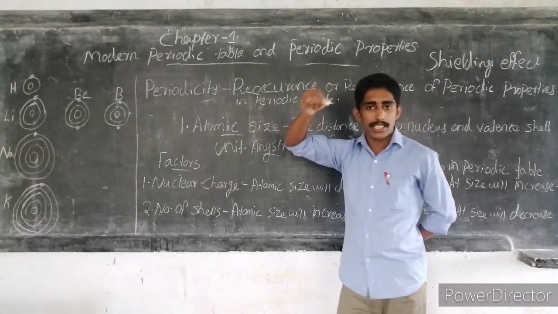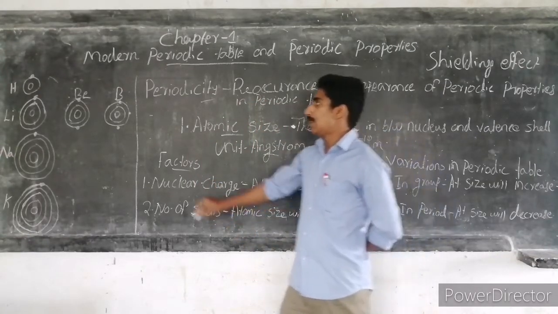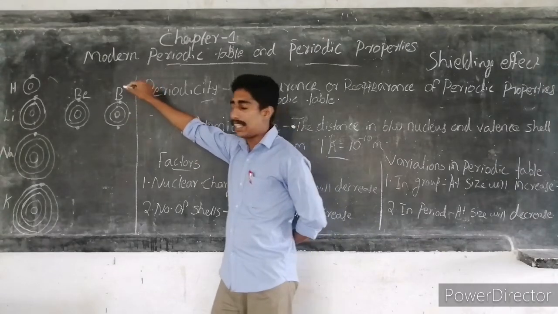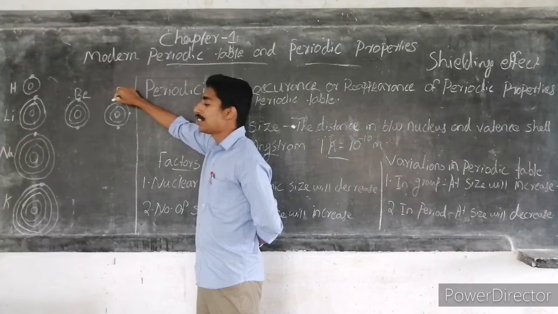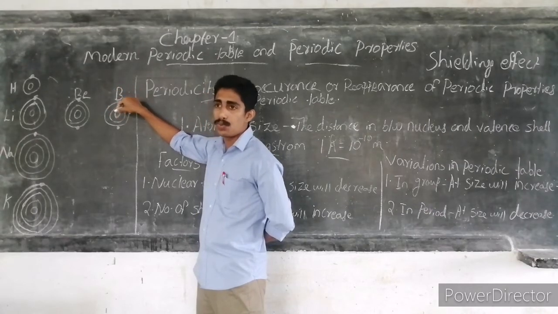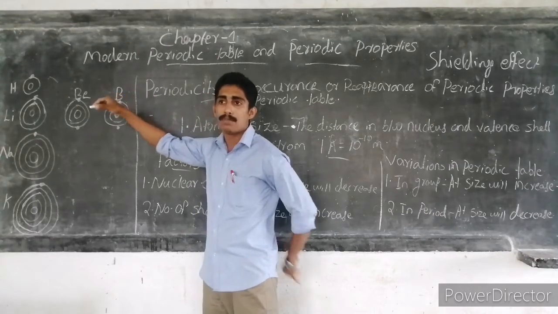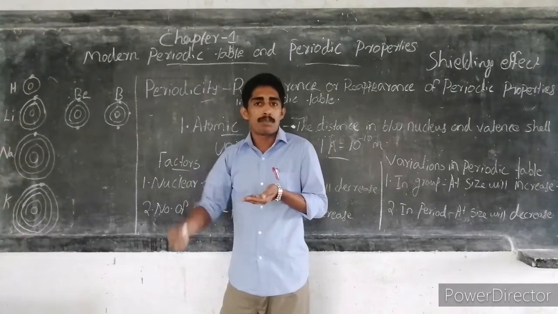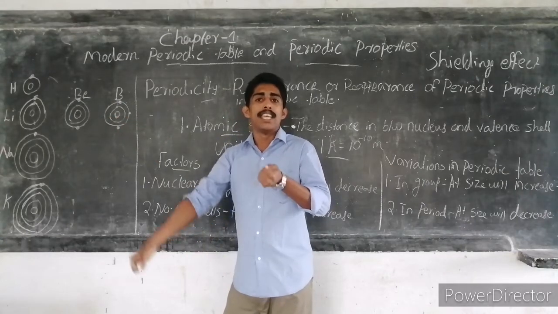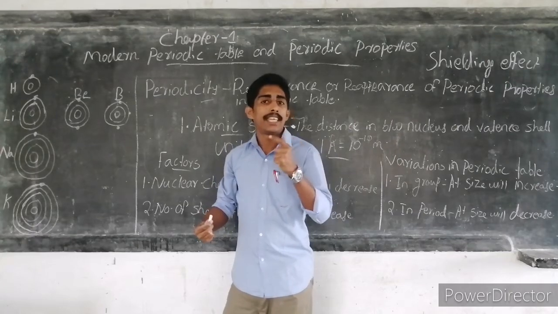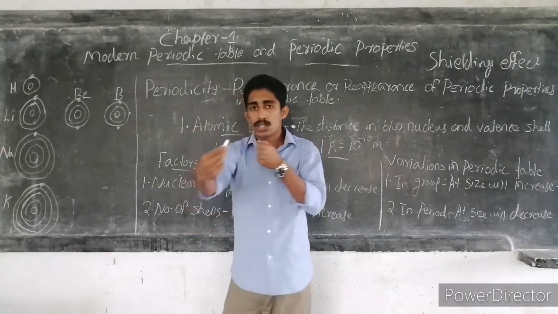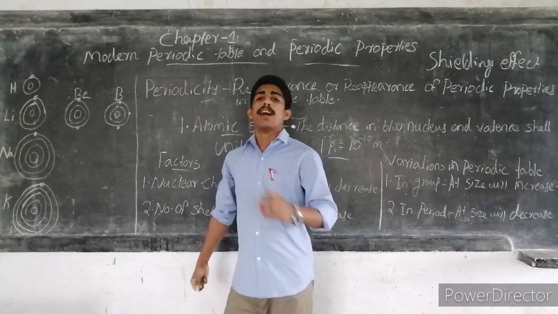If the nuclear charge increases, it will bind the valence shell electrons very strongly. That means if the positive charge increases, it will attract the oppositely charged, negatively charged electrons to it.